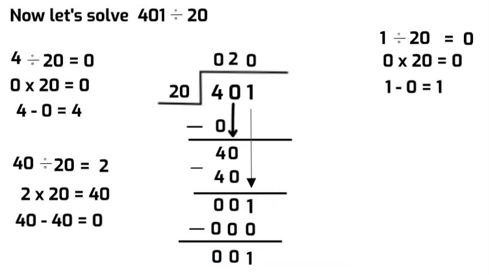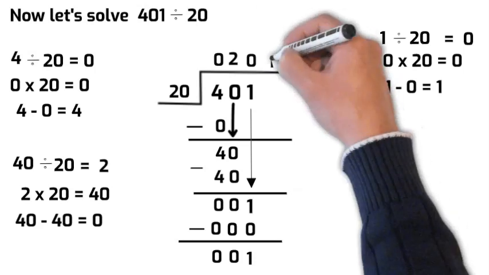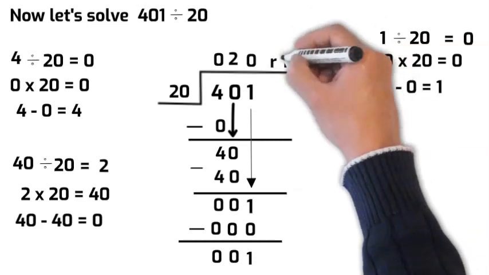We are through with our division. There is no more dividend to bring down. However, we have 1 as our remainder. So we go on top and write arrow 1.